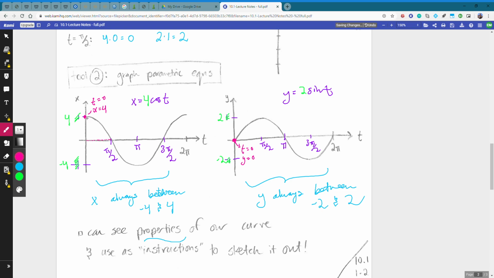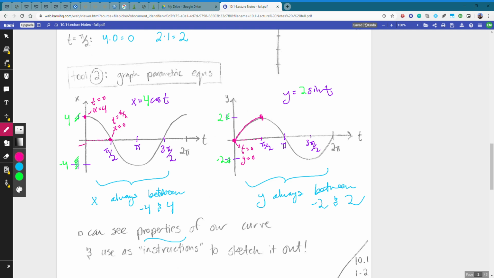Looking at the curve, the vertical coordinates here, our x-coordinate is decreasing steadily down to 0 at pi over 2. Right here, at t equals pi over 2, our x-coordinate is 0. And what about y? Over that same range of time, our y coordinates are increasing up to 2 at pi over 2.